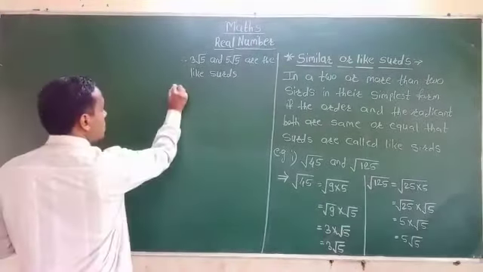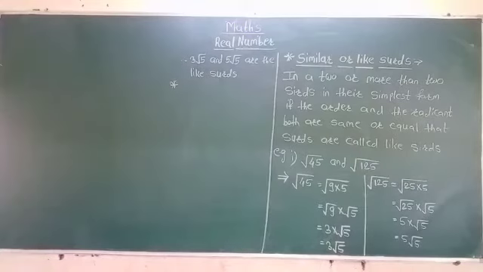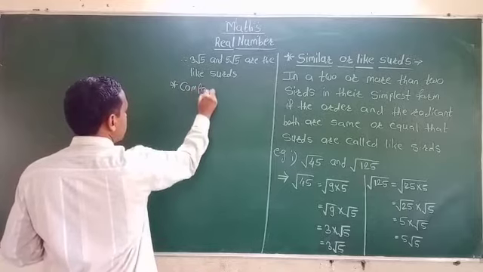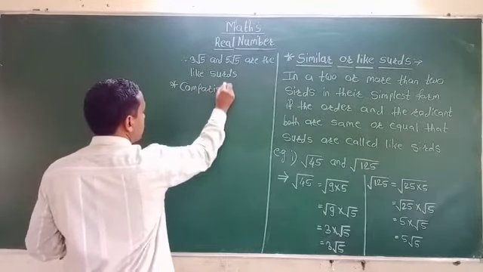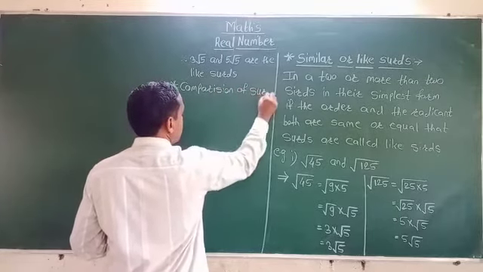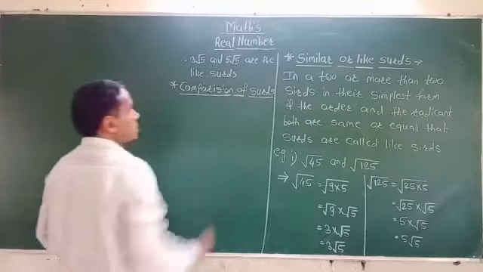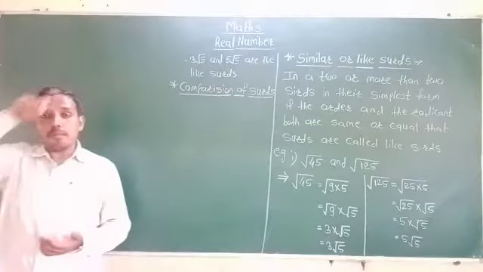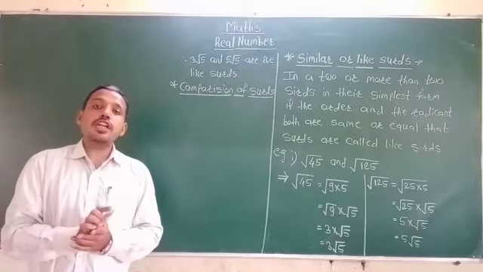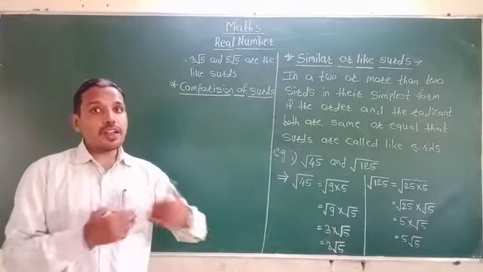The next part of surds is the comparison of surds. How can we compare surds? The comparison of surds depends on the rule for rational numbers. How do we compare two rational numbers?